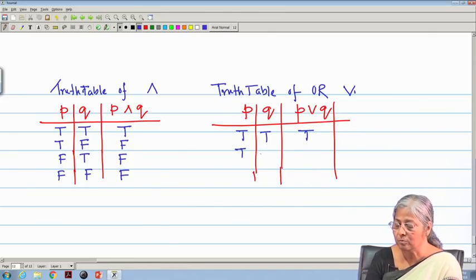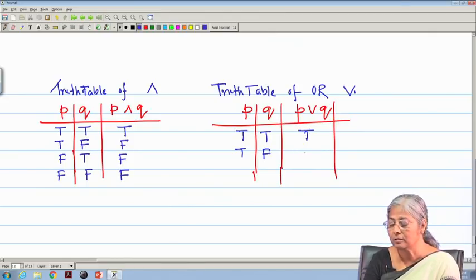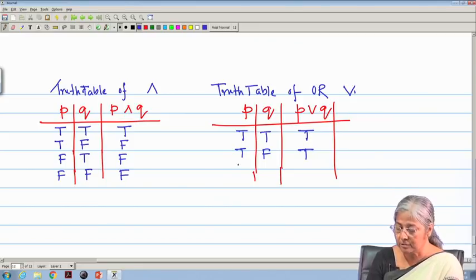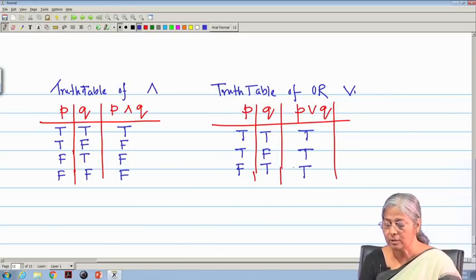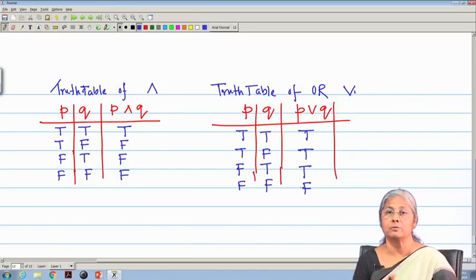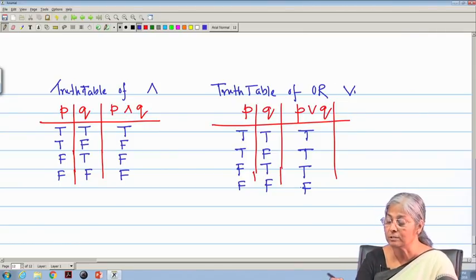If true or false, since it is OR, it is true. If false or true, if any one is true, then it is true. Only if both are false, then it will be false. So, this is inclusive OR.